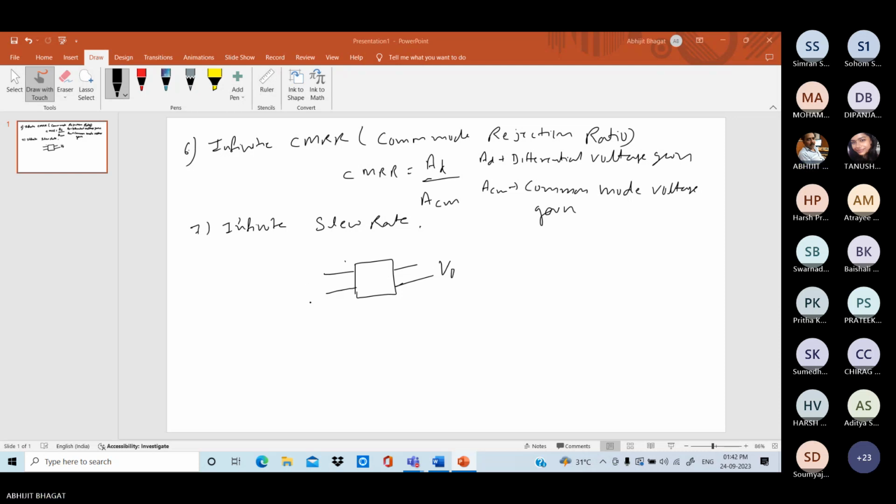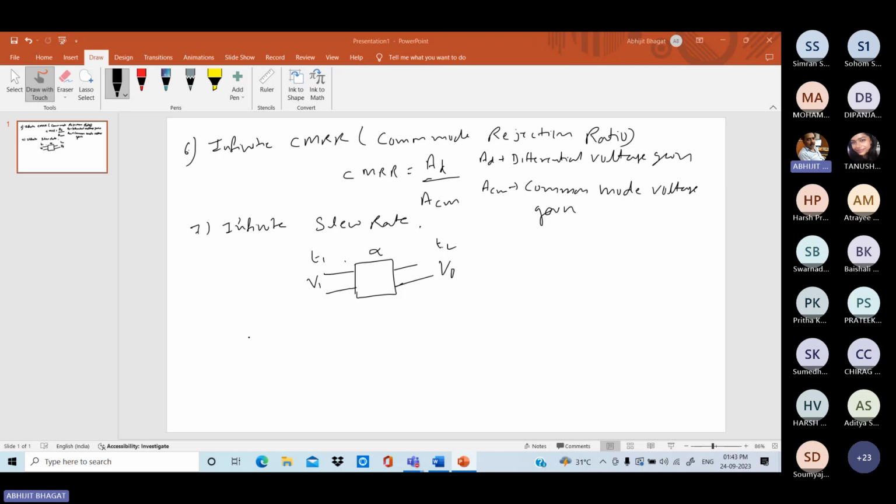Suppose you supply the input signal at time t1, then it is processed for a certain duration, and after that you get the signal V0 at time t2. So slew rate defines how quickly, how fast, you get the output signal when you provide the input signal.